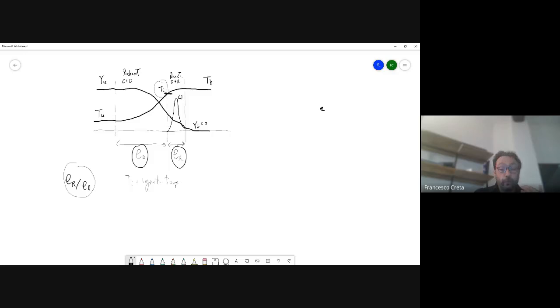For smaller values of temperature here in the preheat zone, by definition, the temperature is too low for the reaction rate to be of any value. So the reaction rate is essentially zero here, whereas here it's different from zero.